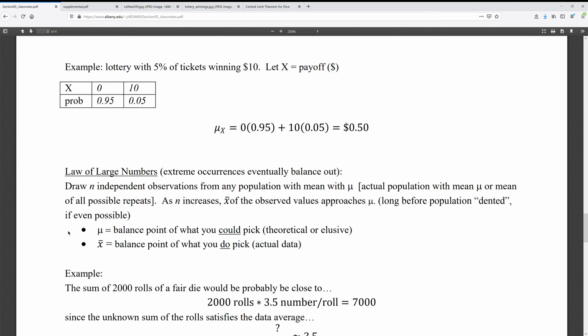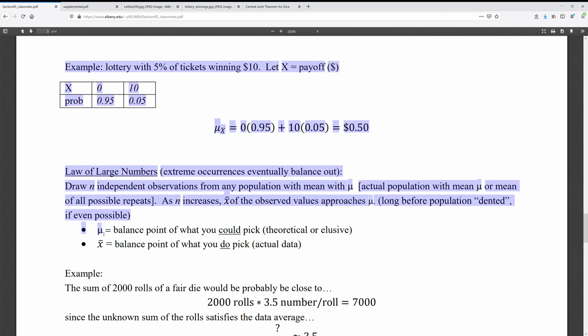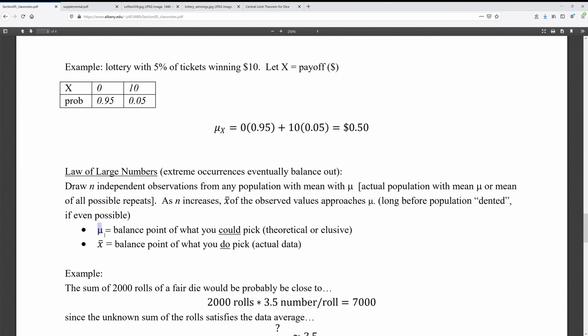Average together so many lottery tickets that you buy, so many rolls of the die, so many lefties out of 4, several repeats. And then the mu, or the mu of X, is the average of what you could pick, the average of everything that's out there, the balance point, if you like. It could be actual, or it could be, well, we'll talk about that in a second.